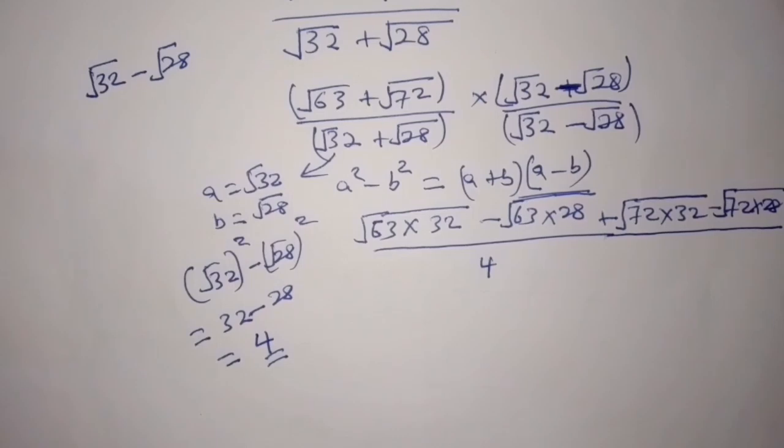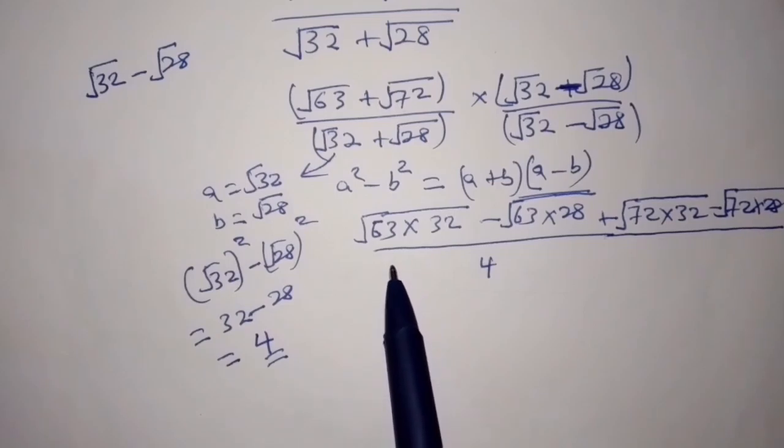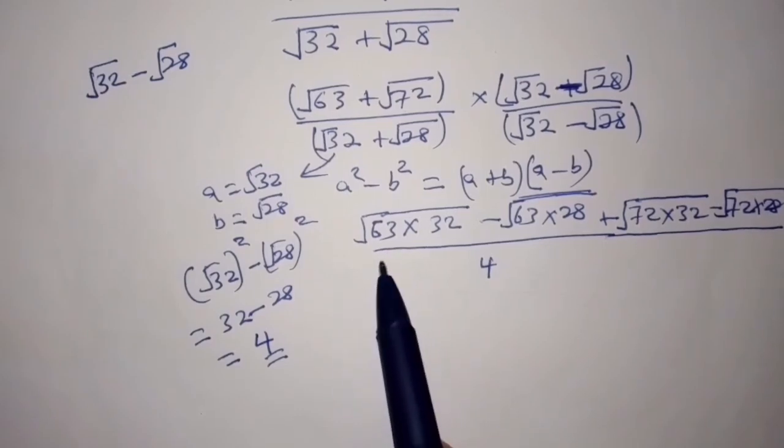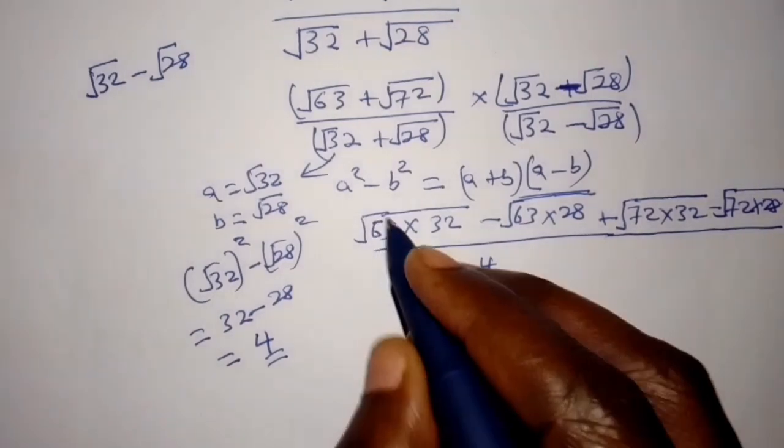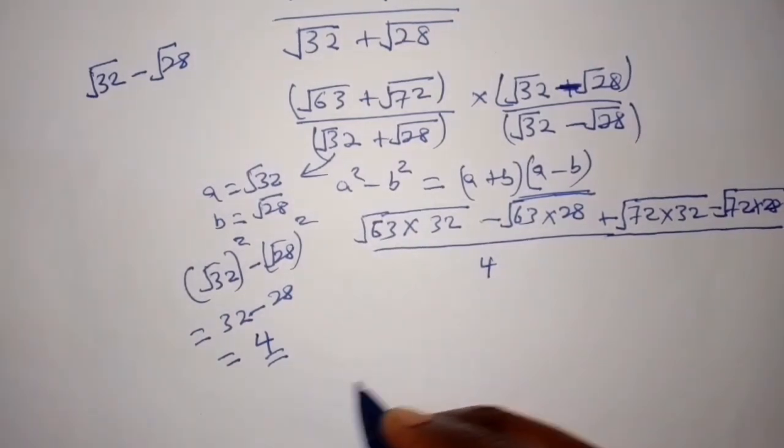Then from here we can get the factors of 63. The factors of 63 here is 9.